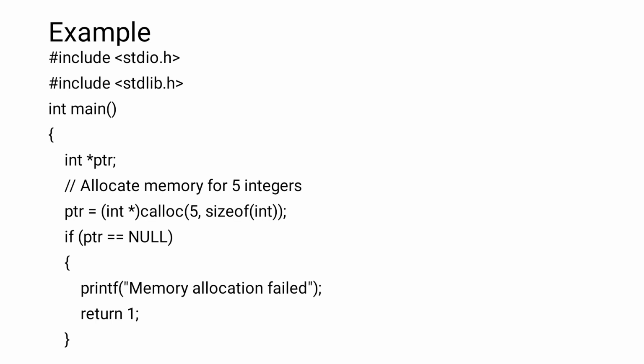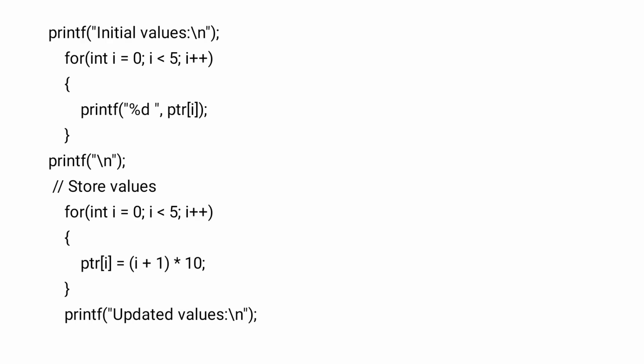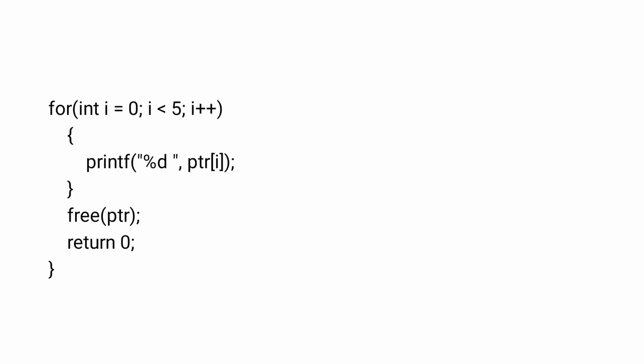So, one example program. In this example program we are going to allocate memory for 5 integer elements, and we are going to print the memory location, and after that we are going to store some values in all those 5 locations. After storing, again we are printing the values of each location.